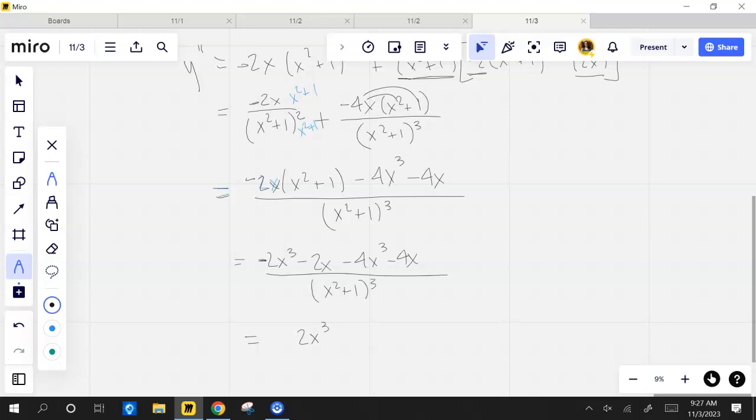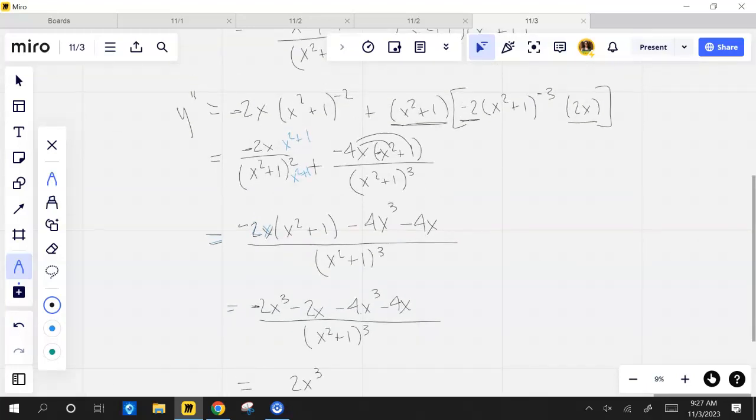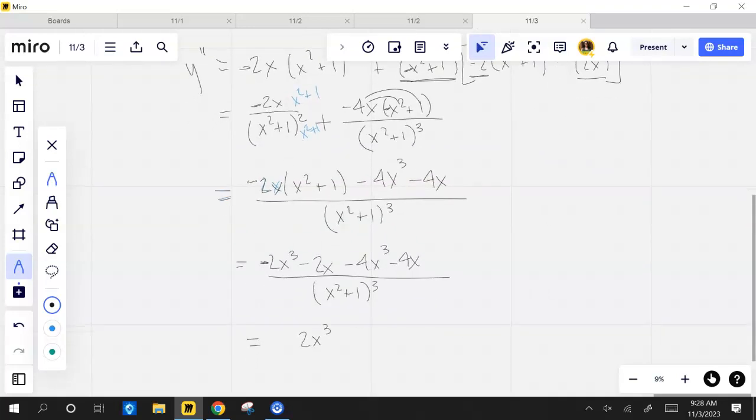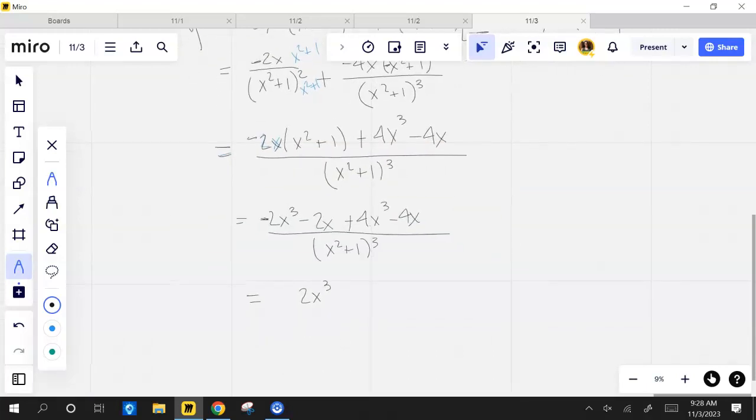I don't think I've got this in the right. No, I have it right here. Plus negative, negative. Whenever I carried that over, this was negative. There we go, which is 2x cubed minus 6x.